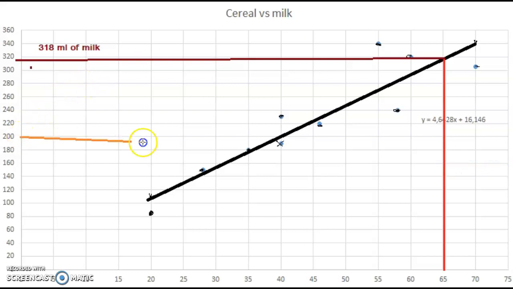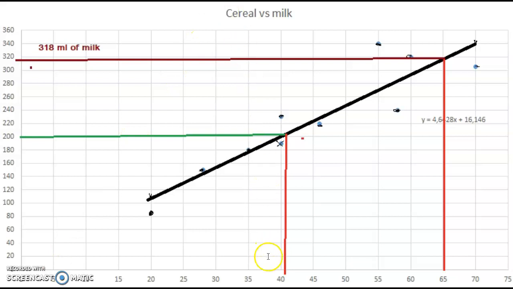So 200 milliliters will go up to the line of best fit, and once we are on the line of best fit, we go to the x value to know how many grams we need for 200 milliliters. So in this case, we need something like 41 grams of cereal. So right here, 41 grams of cereal. Okay, that's for that part.